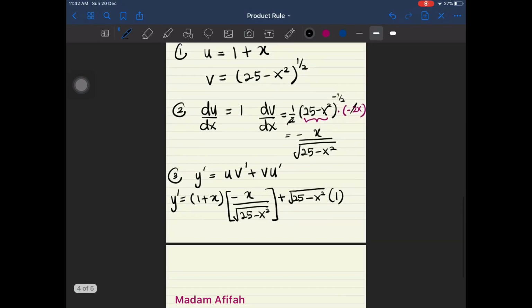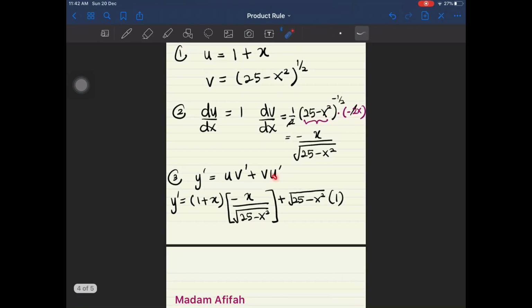To simplify this, as you can see, for this part you have a denominator which is square root of 25 minus x squared, but for this one you have over 1.